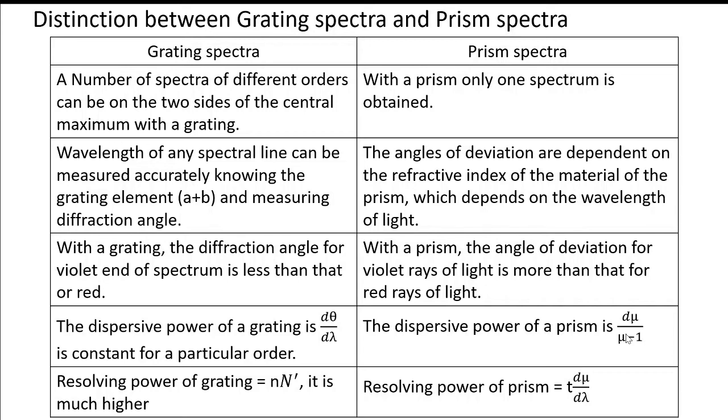In grating spectrum, wavelength of any spectral line can be measured accurately by knowing the grating element (a plus b) and measuring the diffraction angle.